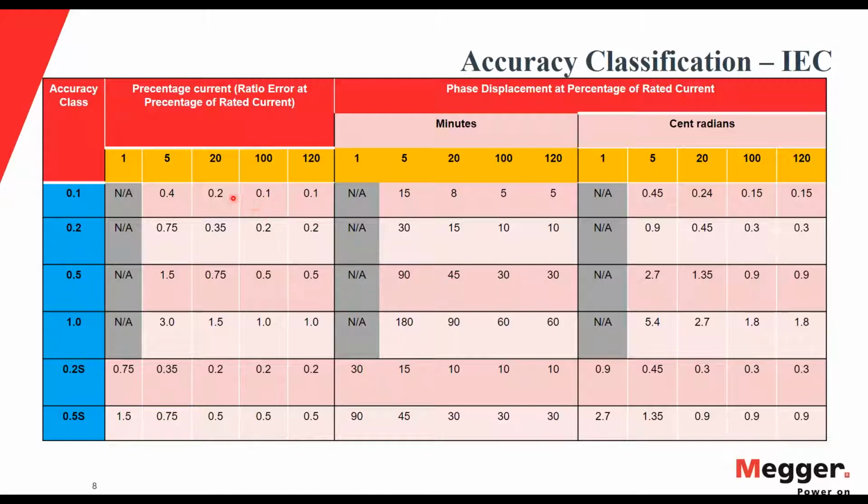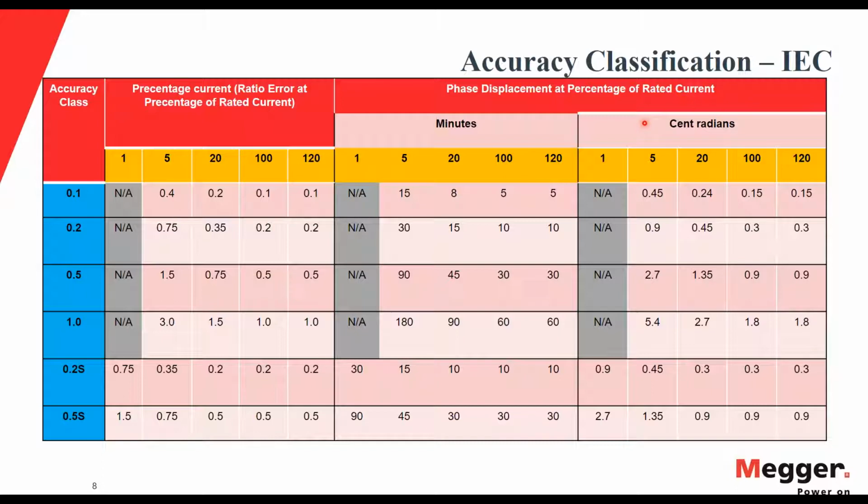If I go down to 20% of my rated current, my accepted accuracy can go up to 0.2%, which the standard accepts at a lower percentage of your rated current. Also, if you go down to even 5% of your rated current, let's say 50 ampere out of the 1000 in our example, up to 0.4% is accepted for your magnitude ratio.